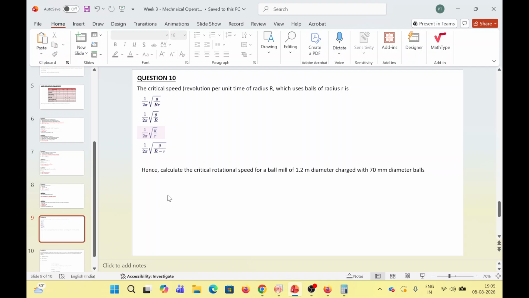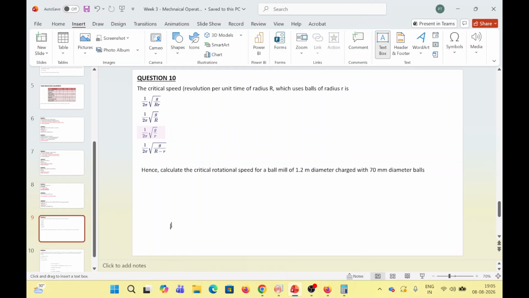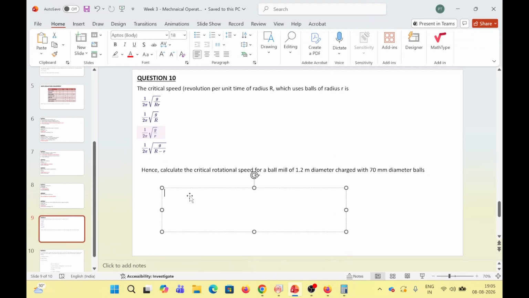The value is going to be n. I'm going to keep it as n. You can keep it as nc as well. 1 by 2 pi, so 2 times 3.14. This entire expression times root over g by r. So I'm going to take g as 9.8 or you can take it as 10, by the 70 diameter, that is going to be 0.07 meters.